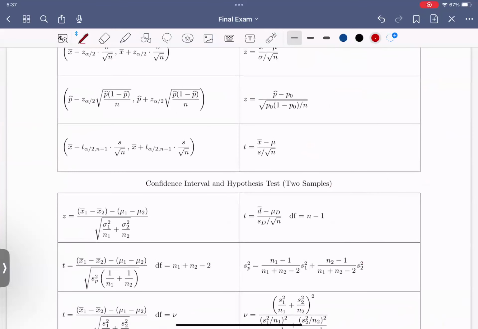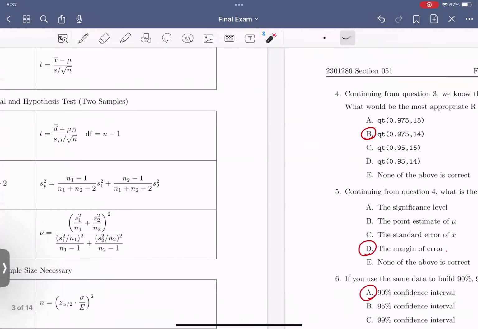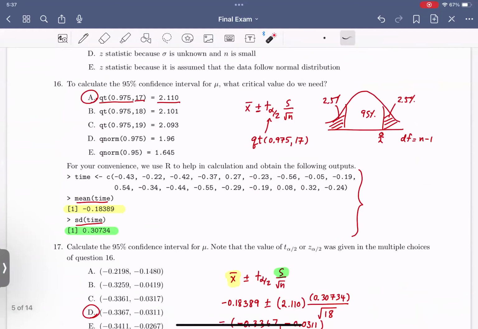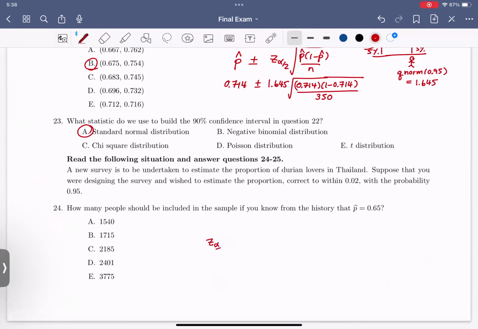The formula is here, which is C alpha over 2 times square root of P times 1 minus P over E, and then everything squared. So we're gonna take this one and plug in. So it's C alpha over 2 times square root of p hat times 1 minus p hat over e, and then everything squared.